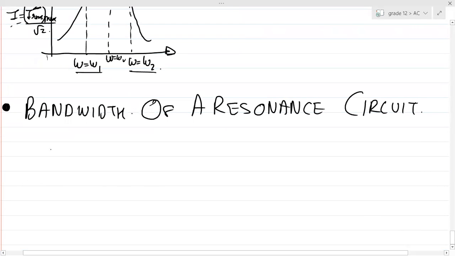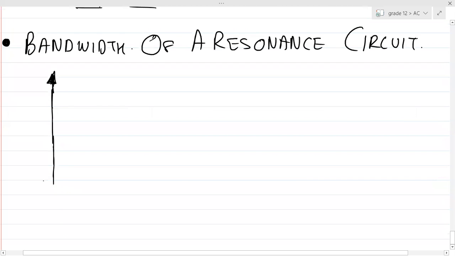What do you mean by the bandwidth of a resonance circuit? Suppose I try to draw the same graph, but a little bit bigger. If you don't want to draw the graph, no need.